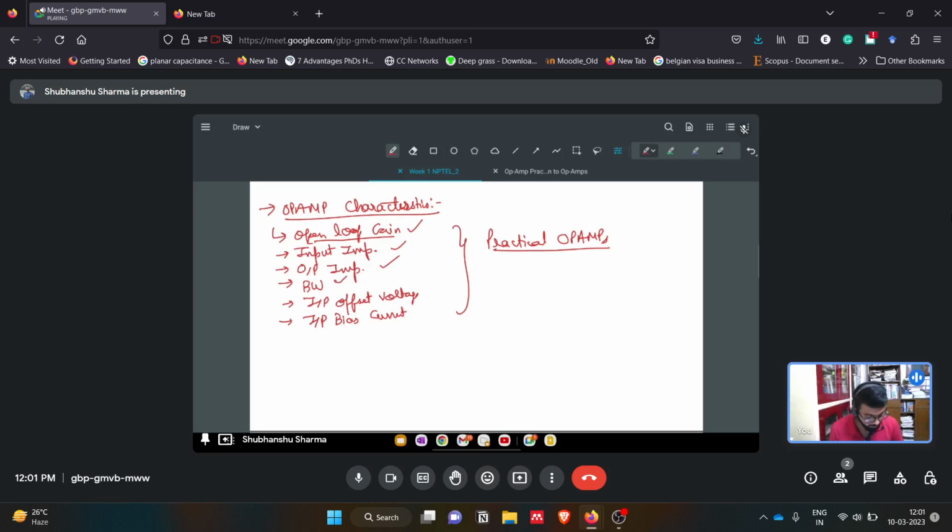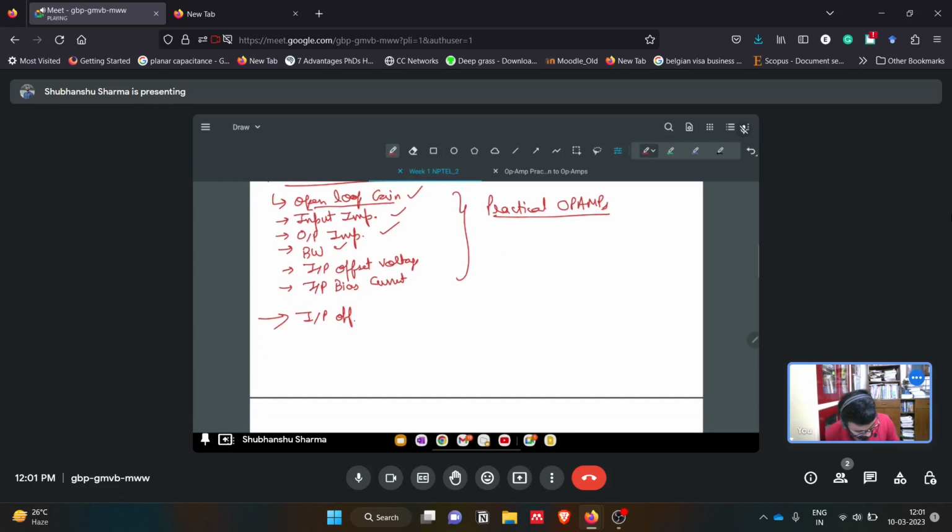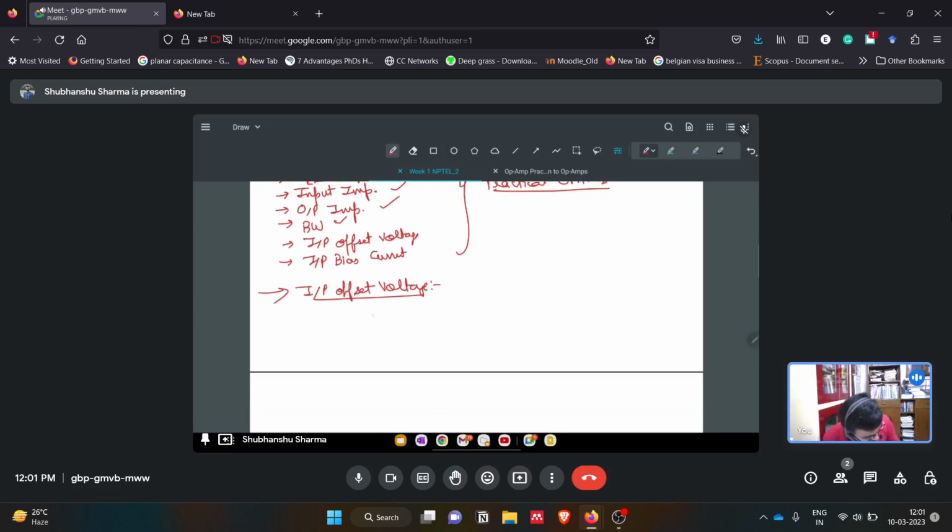But these two concepts are new: input offset voltage and input bias current. If we talk about input offset voltage, even if we don't apply anything at the input of the op amp, so the input signal is zero, the op amp will still show some output.